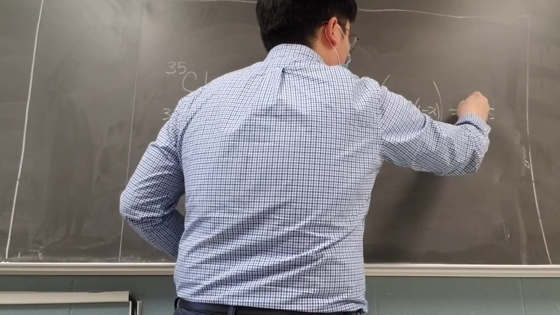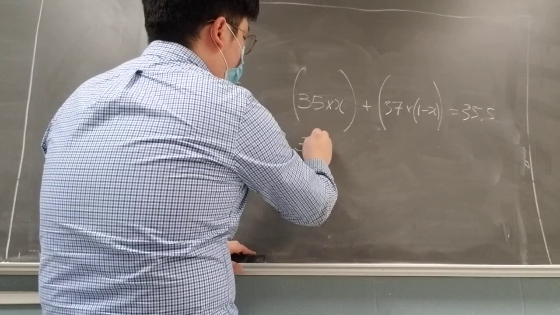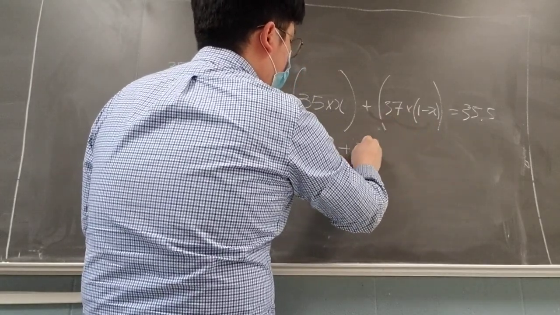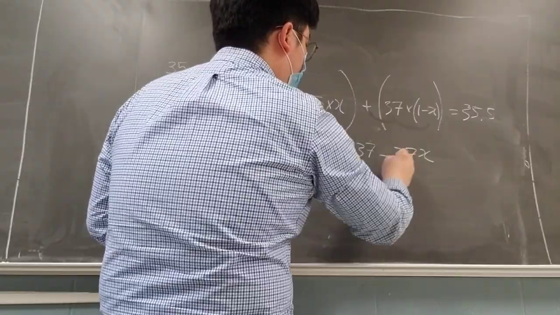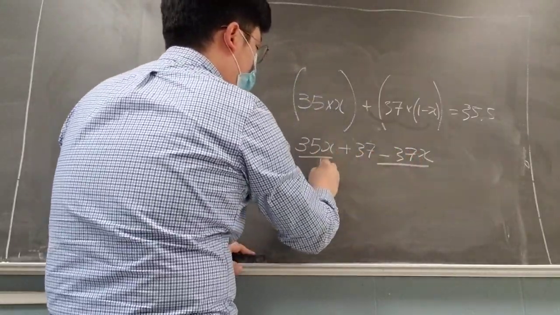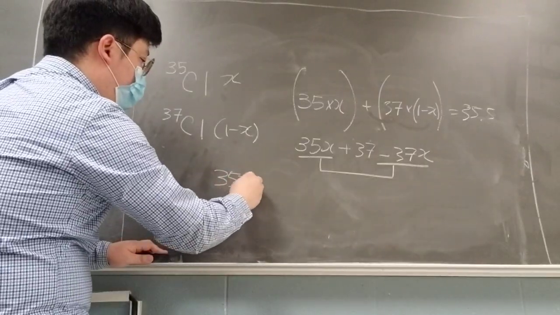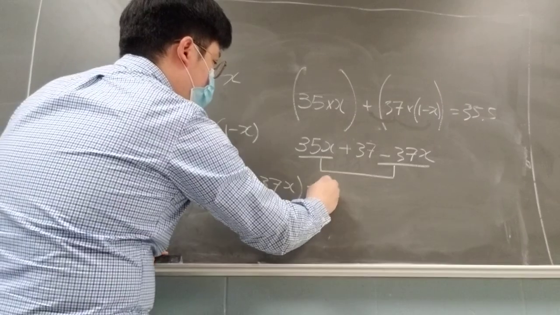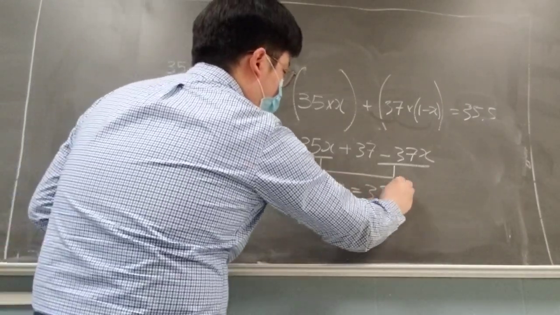This is the random number I made. Then it's simply 35x, and if you expand this one, it's plus 37, but it will be negative 37x. So I'm going to group these two together: 35x minus 37x plus 37 equals 35.5.